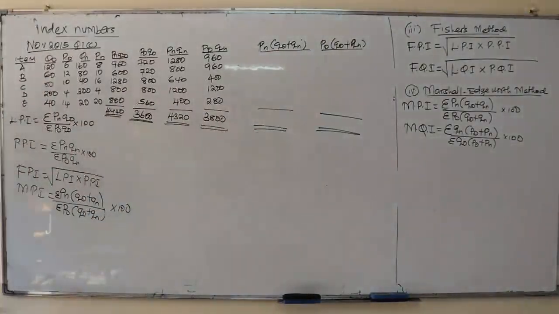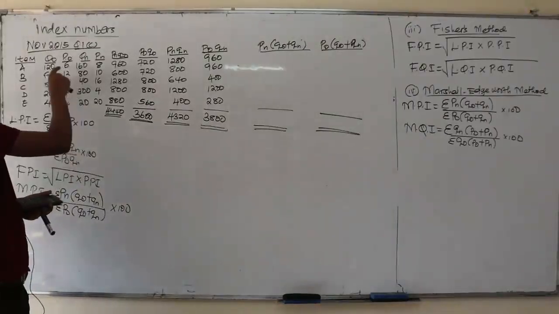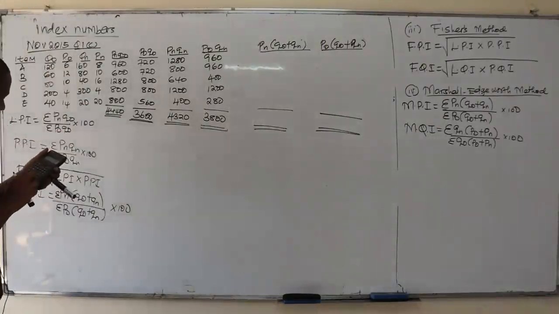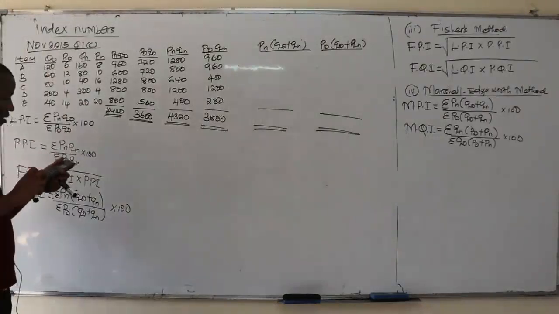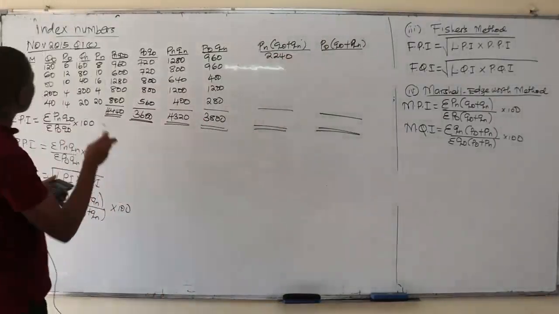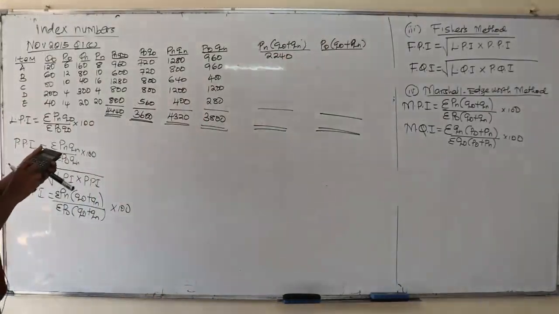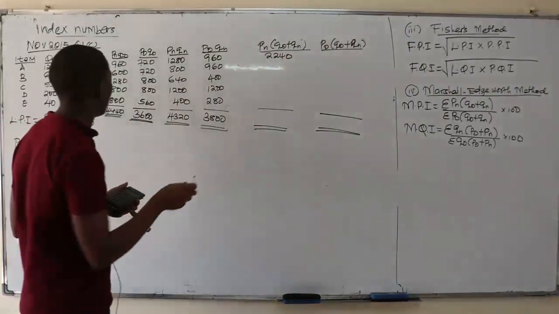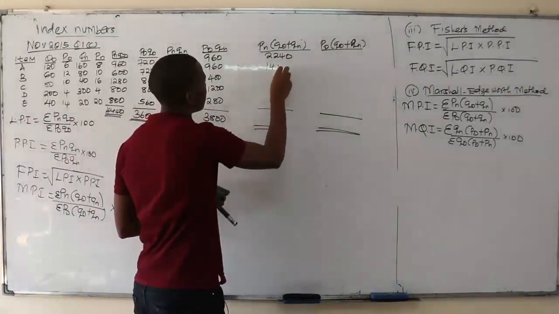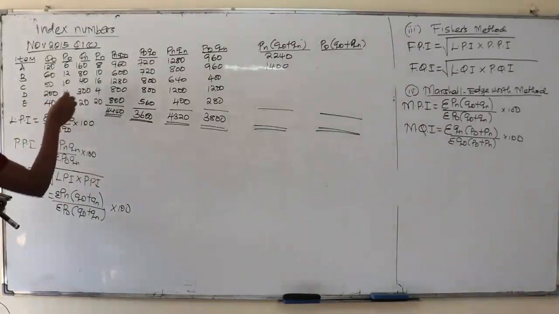Now, in this case, you have Pn(Q0 plus Qn). So Q0 plus Qn, which is 160 plus 120, then you multiply by Pn. Pn is 8, which in that case is 2240. The same case, Q0 plus Qn is 140, then you multiply by Pn, which is 10, and that gives 1400. Then we also have 80 plus 40, which is 120.